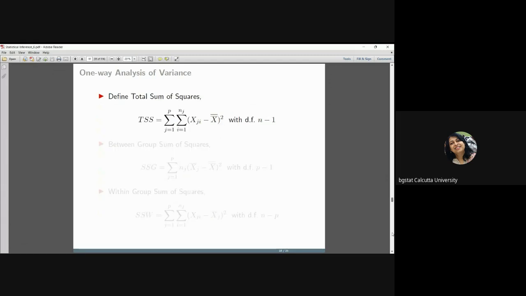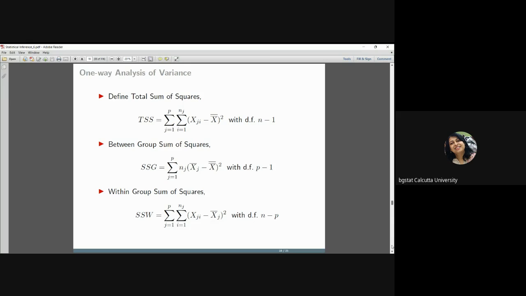The next quantity I need is something called a sum of squares. The analysis of variance technique depends on this sum of squares. So the total sum of squares, the formula is here. It is the sum of the squared deviation of every value in the pooled sample from the grand mean.